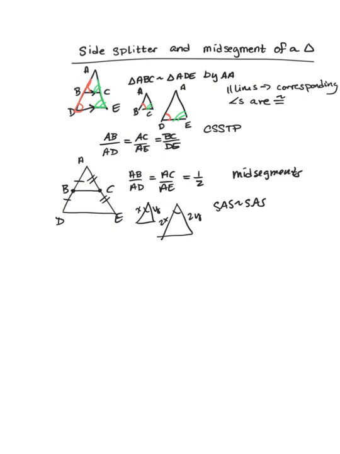Okay, in the first problem, we have a triangle ABC. D is a point on AB, and E is a point on AC, such that DE is parallel to BC.